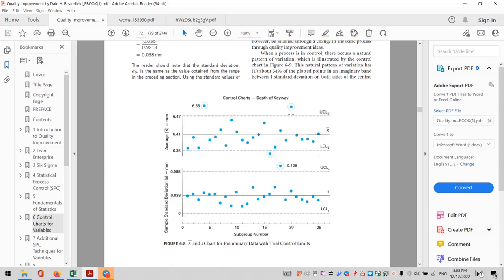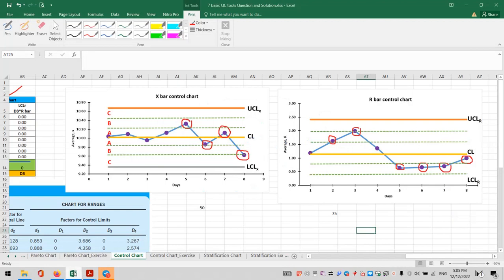Tetapi banyak sampel tapi you nampak ada 1, 2, 3, 4 je point yang terlalu jauh daripada central line. Yang ni pun cantik, elok je kan. Dia duduk dekat-dekat dengan central line. Mostly. Kita tengok kita punya graf ni. Kita dah lah ada sedikit je data. Ada 8 je data kan. Tapi yang jauh daripada central line tu 1, 2, 3, 4. Kalau dah 4 dah 50% dah.